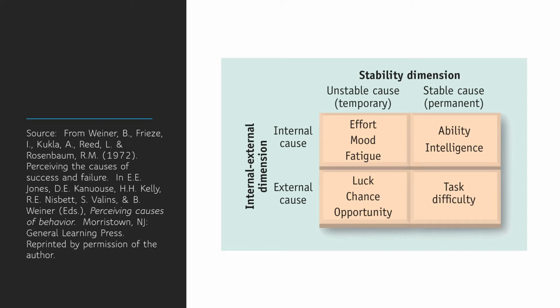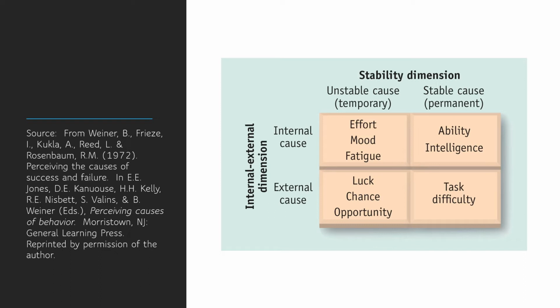It basically assumes that people's explanations for success and failure emphasize internal versus external causes and stable versus unstable causes. So we're putting together what you've just learned about internal attributions, external attributions, and unstable and stable causes of behavior, how we attribute those outcomes or behaviors.